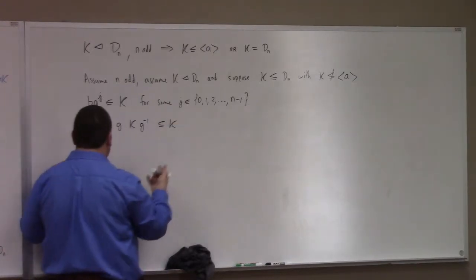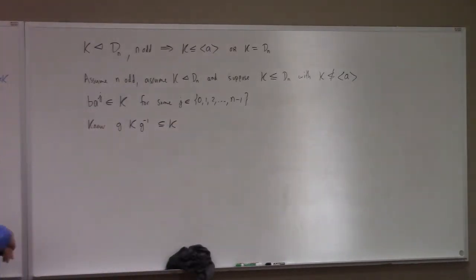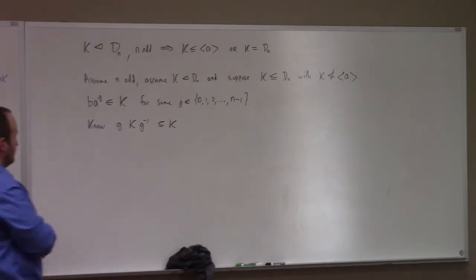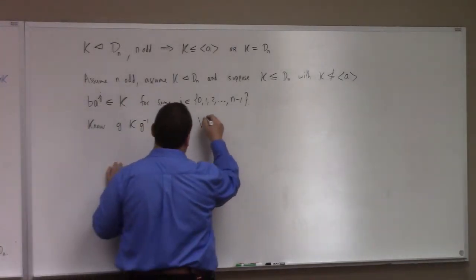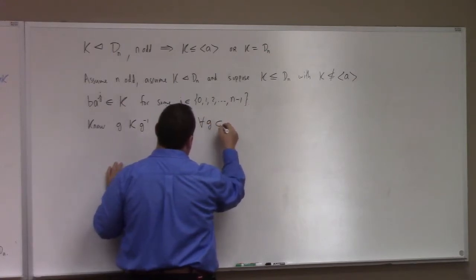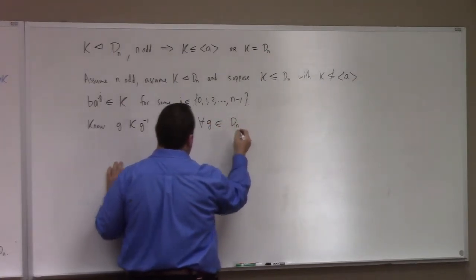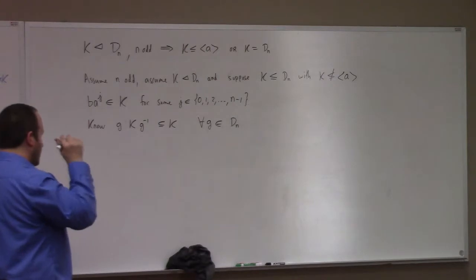In fact, it's equal to K. It has to be equal to K if K is a normal subgroup. That's for all G in Dn.